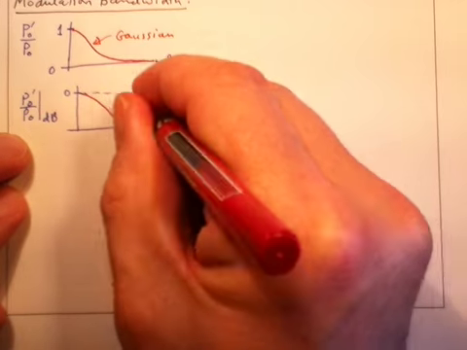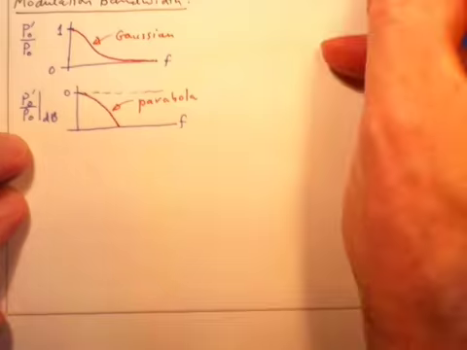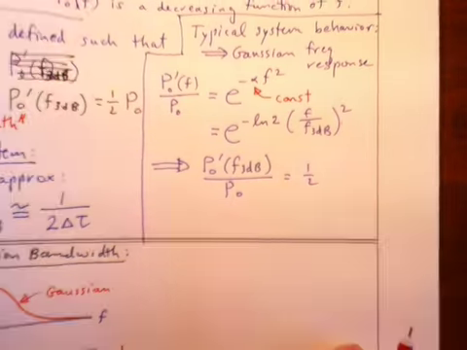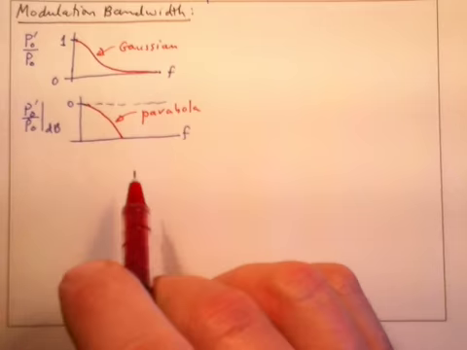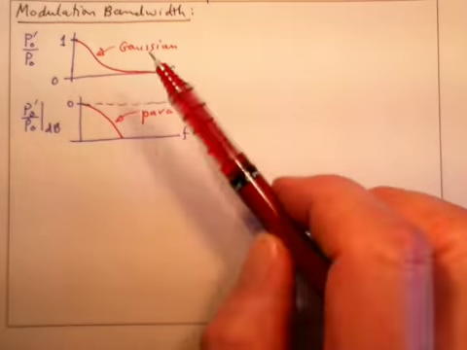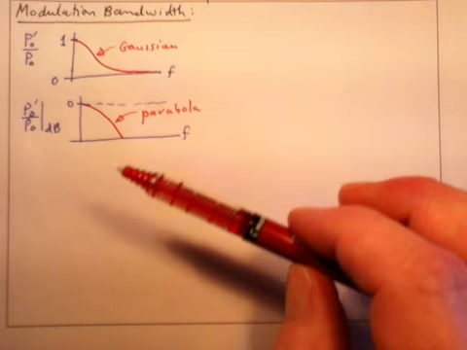So this will be a parabola. That's because the Gaussian has an f squared in it, so this f squared then becomes the square in the parabola. Okay, so this is what that frequency dependent loss looks like in both linear and decibel units.